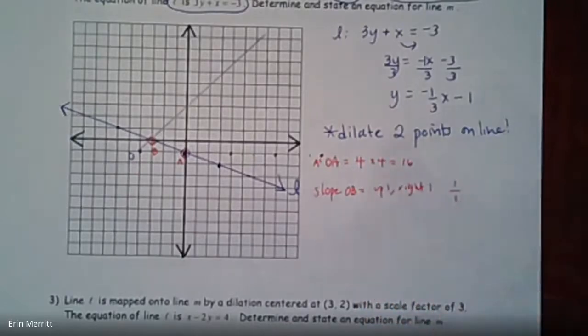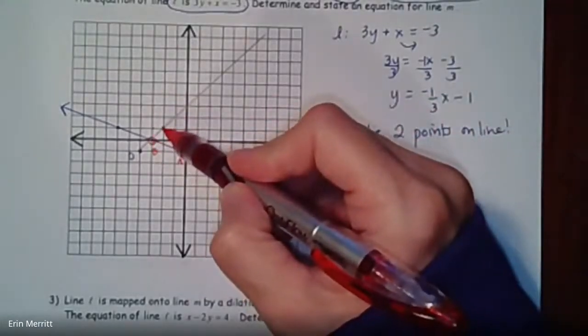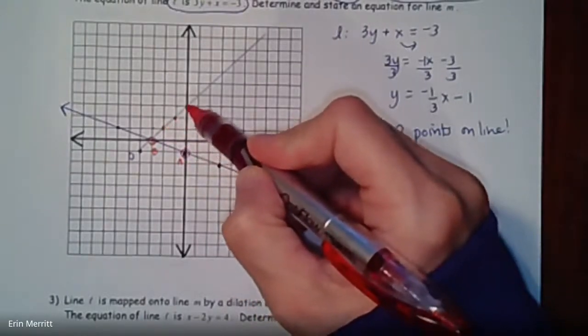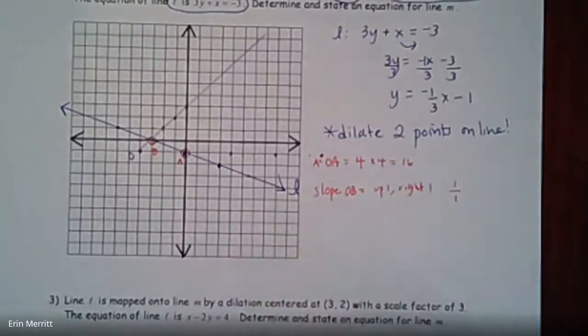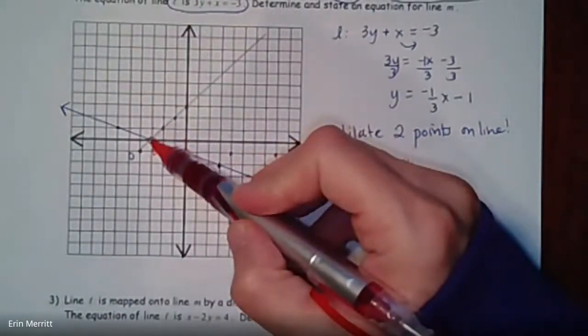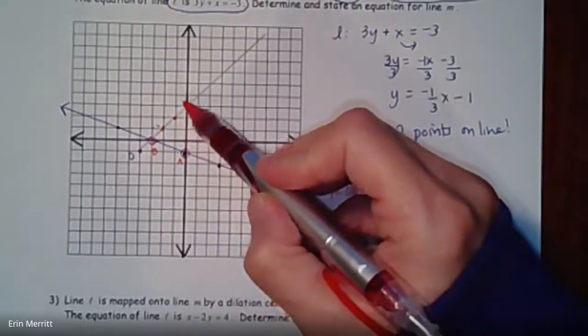Or I can write it like this. I need to repeat that 3 more times. So if I go up 1, right 1, it moves to here. Up 1, right 1, moves to here. Up 1, right 1. There we go. So I don't repeat it 4 times. I only repeat it 3 because the first one is already my distance of a scale factor of 1. And then scale factor 2, scale factor 3, scale factor 4.